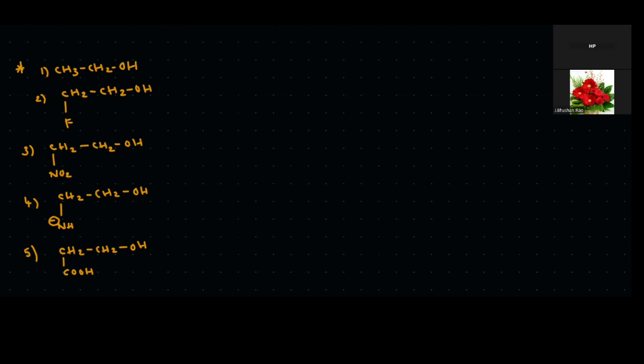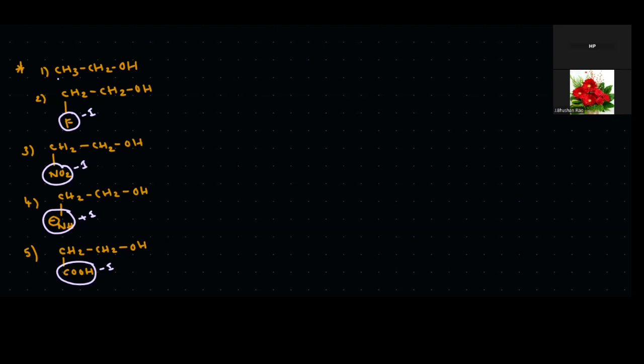But in this case, the fluorine atom is minus I. Next, NO2 is also minus I. NH minus is plus I. Next, the COOH group is minus I. So the groups are: minus I, plus I, minus I, plus I.